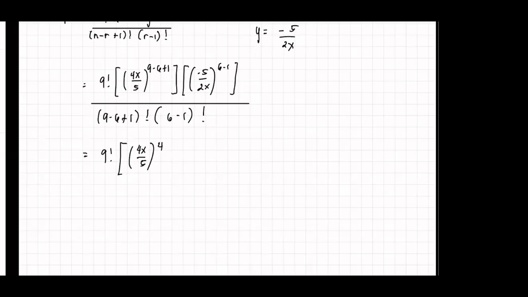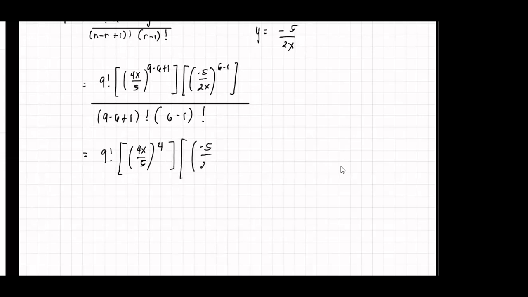Kasi kanina may nalilito, dapat daw MDAS yung gamitin, so ginawa niya 6 plus 1, 7, plus 9 minus 7, 2. Hindi po. Dapat kung mag-MDAS kayo, negative 6 plus 1, so magiging negative 5, tapos 9 minus 5, kaya naging 4. Okay? So, please don't be confused with that.